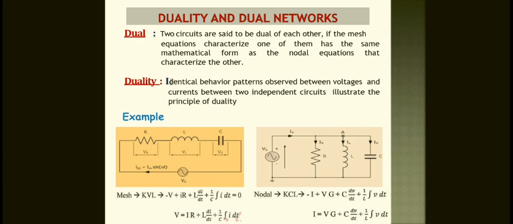Here, the KVL, which is a mesh analysis, is applied, but here it is a nodal analysis. These are the series components, here it is a parallel, so resistance, inductance and capacitance, but here RLC is in parallel.